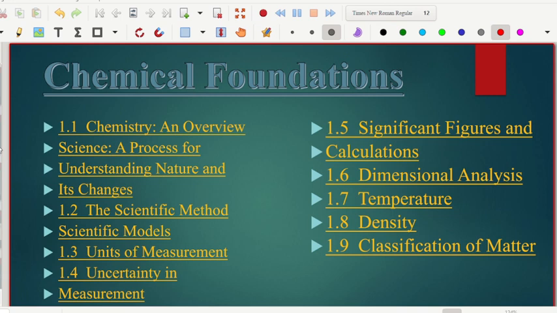Also the scientific methods and scientific models, because these are very important for you to understand how chemistry operates, and also the unit measures and the uncertainty in measurement, also significant figures and the calculations involved. That includes dimensional analysis and any calculation involving temperature, density, and also the classification of matter.